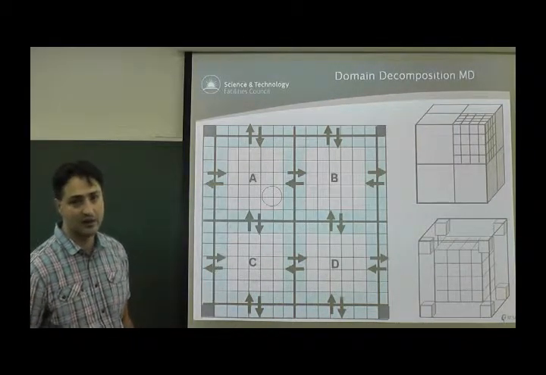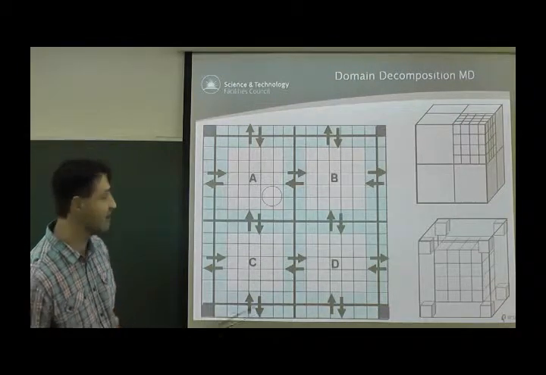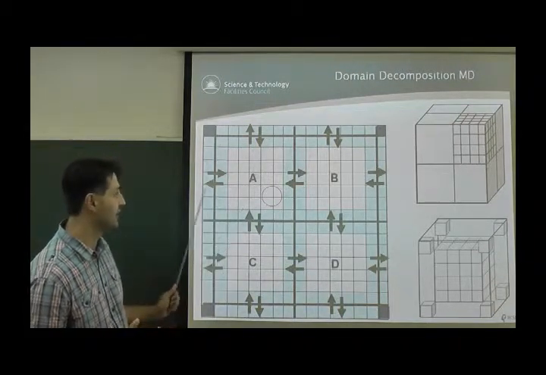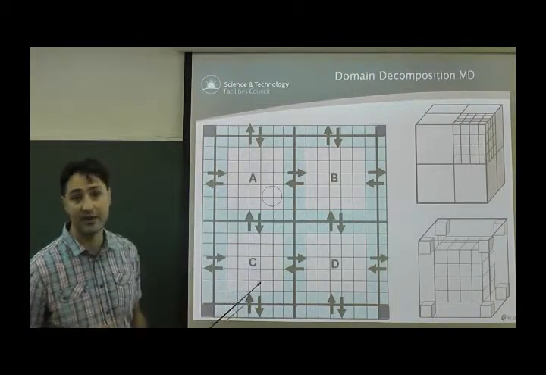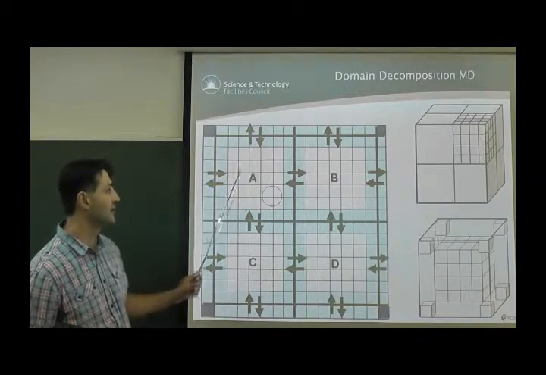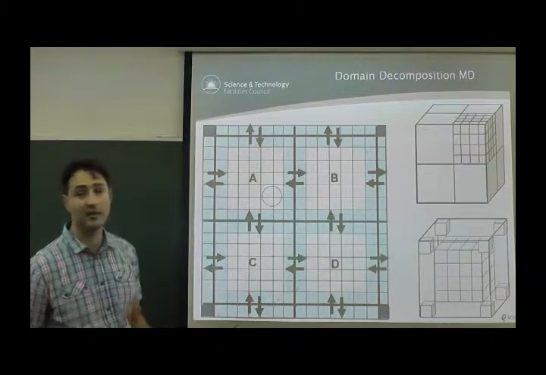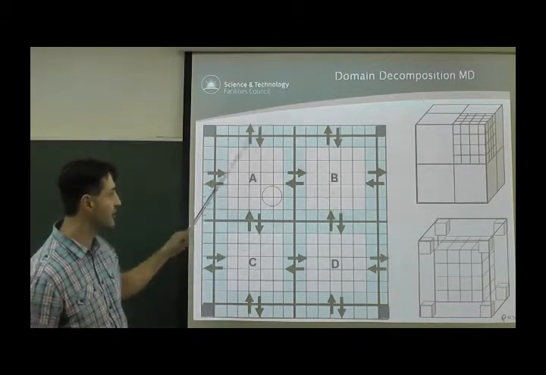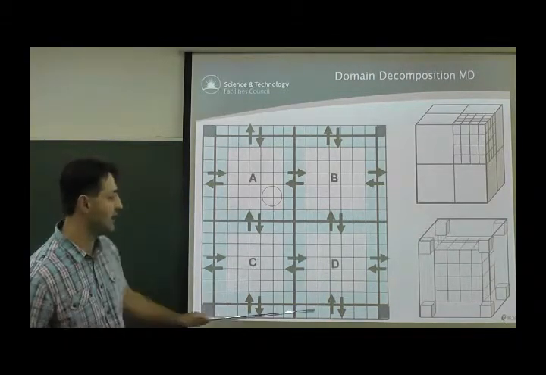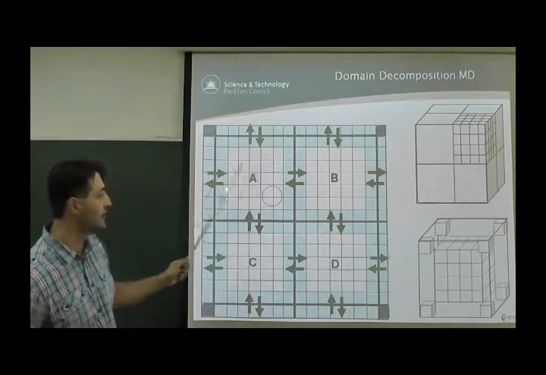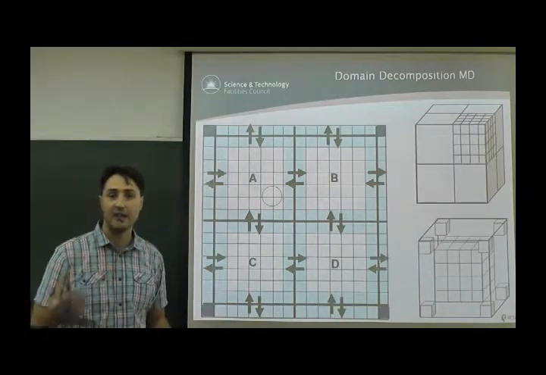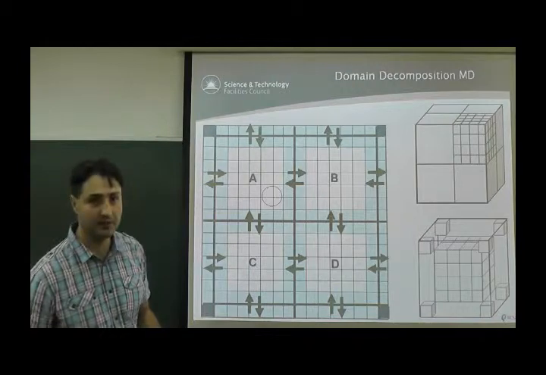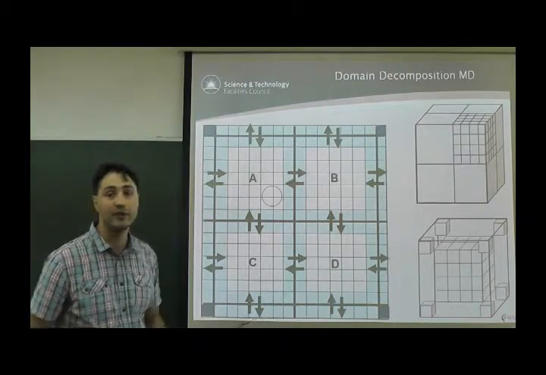Let's imagine, for the purpose of this demonstration, that our system is 2-dimensional. So the work is split between A, B, C, and D, and our MD cell is divided on these 4 processors. So this is the MD cell. Each processor takes the same amount of bulk of the system, or has the same amount of volume.